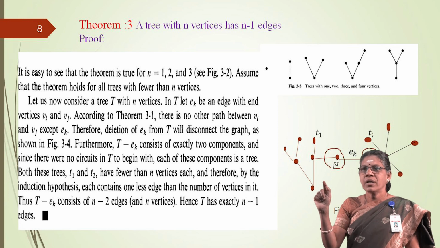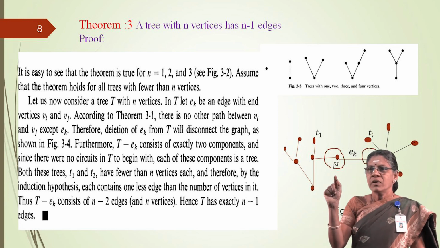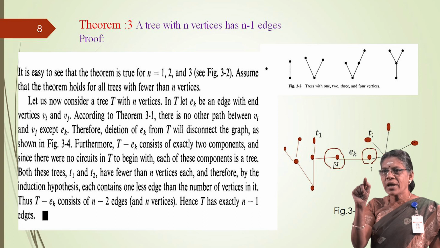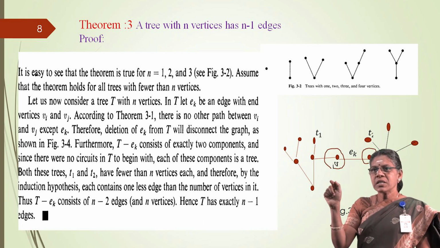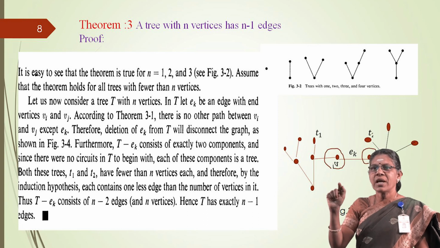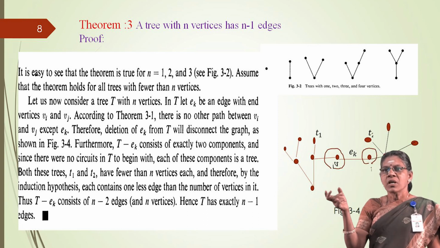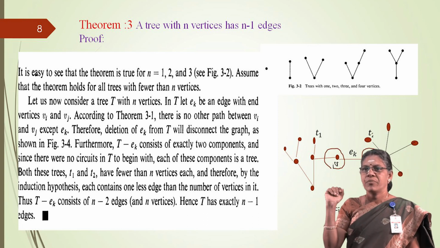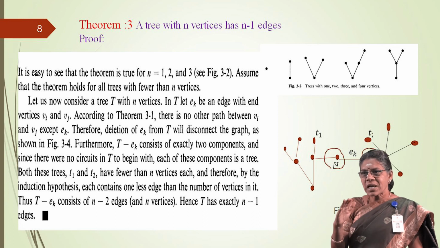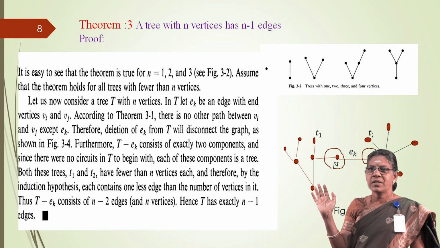Ek is the edge with end vertices Vi and Vj. In this tree there is no path between Vi and Vj except Ek. So deletion of Ek from T will disconnect the graph.